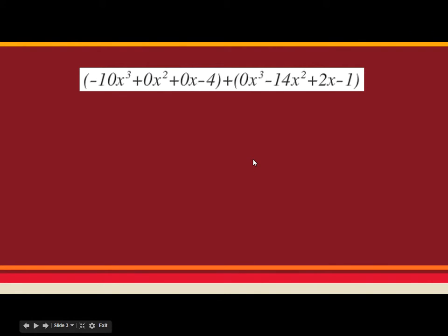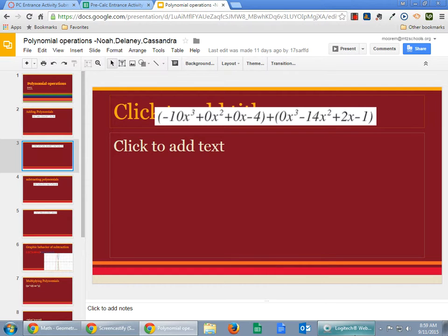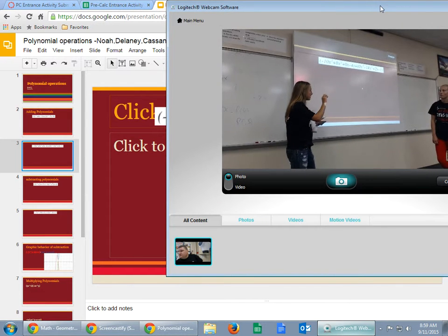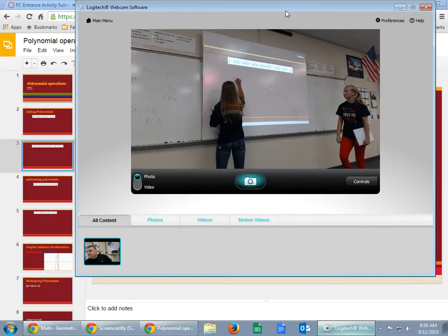On this example, since there was no x cubed on that one, we just wrote in 0x, because when you go to add them, it's easier to line up like terms so you don't get confused. So I'll do this to negative 2.